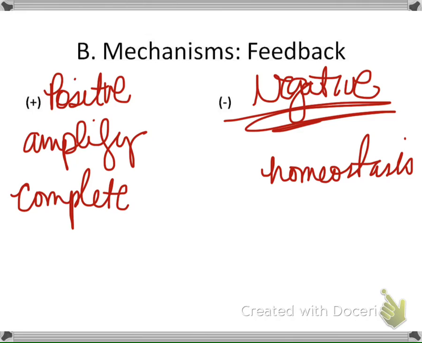Your main example here is birth. During childbirth, the pressure of the baby's head against receptors near the opening of the uterus stimulates the uterus to contract, which causes greater pressure, which causes more contractions and greater pressure until the baby's born.